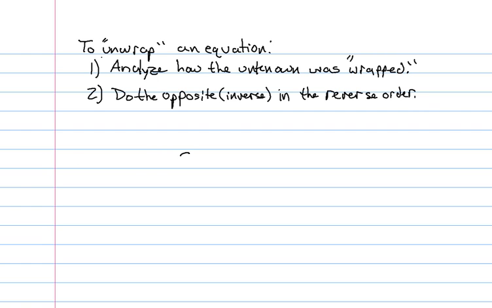Let's start with the equation 3x + 5 = -7. The first thing we're going to do is analyze. We're going to draw a little diagram of what happened to x using order of operations. As I look at my equation, if I knew what x was, following order of operations, I would be multiplying it by 3.